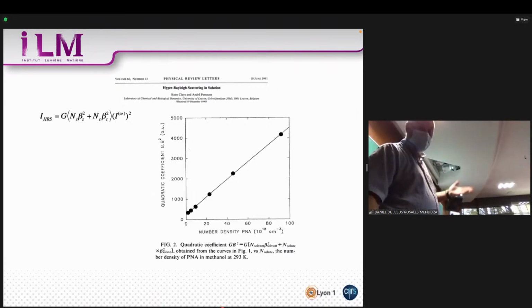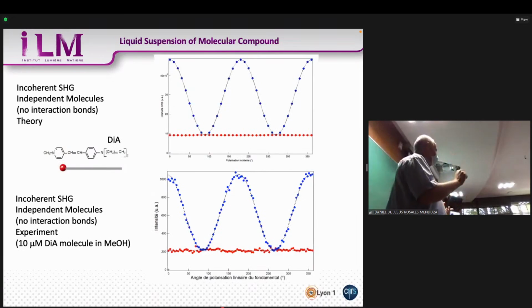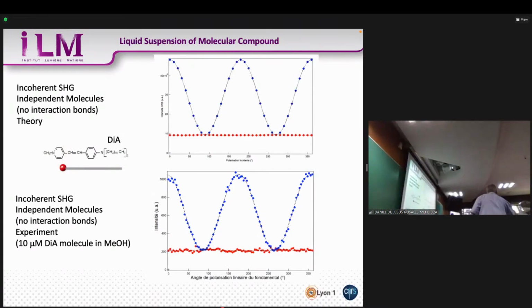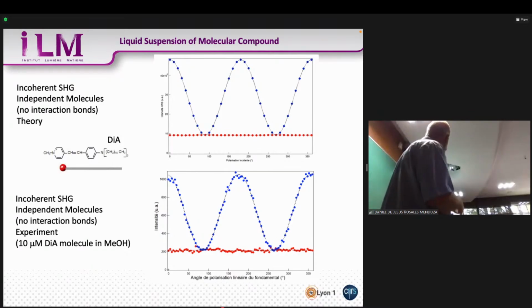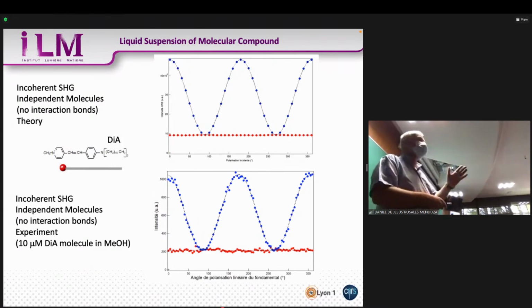Okay, now what we're going to do is focus on this second harmonic polarization, as I mentioned before. So you see the theory for this type of molecules. We fix the concentration and we play with the polarization.